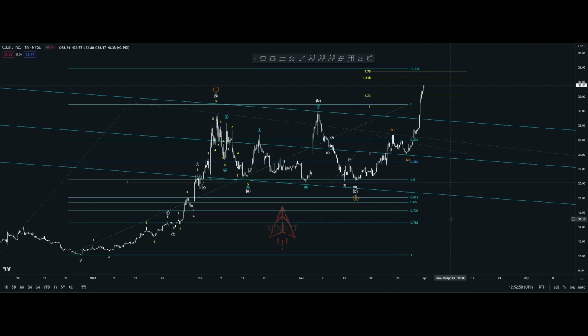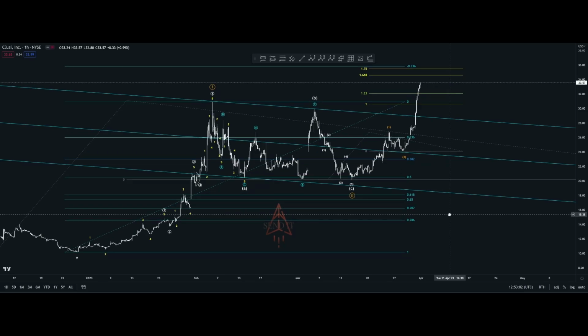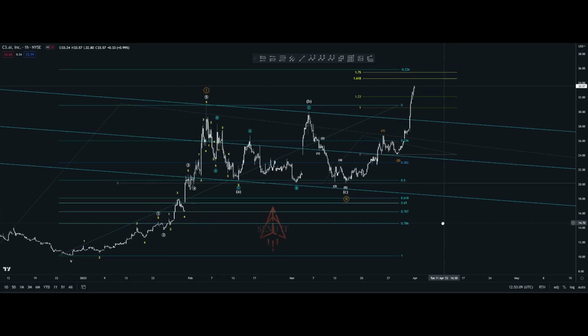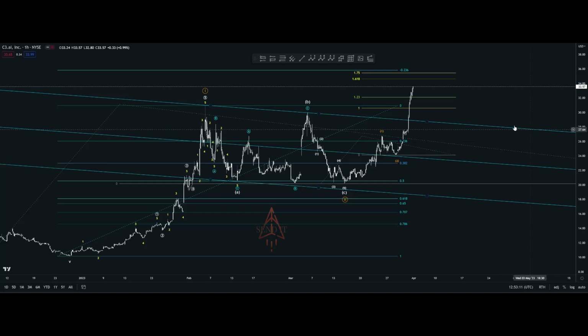Today I'm gonna be checking some charts that I've been following for a while, and two of them are gonna be traditionals and two of them are gonna be crypto. My opinion is that this is C3 AI on the New York Stock Exchange.